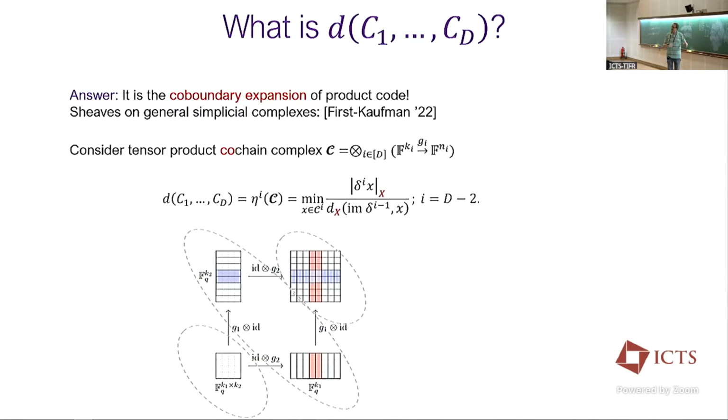In fact, all current constructions for dimension more than 2 involve this property. So it seems like this is the correct way to generalize to higher dimension. As I said, we call it product expansion because it's co-boundary expansion of tensor product codes.